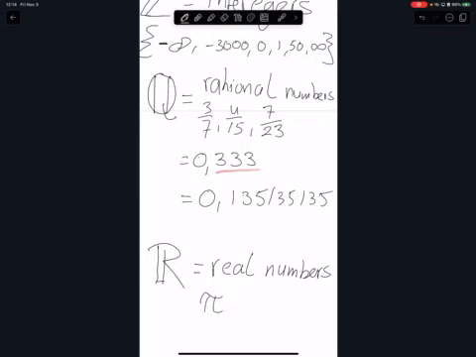This is everything else. No, real numbers. Q is rational. So, irrational is everything else, because you know rational numbers repeat themselves in a fraction.